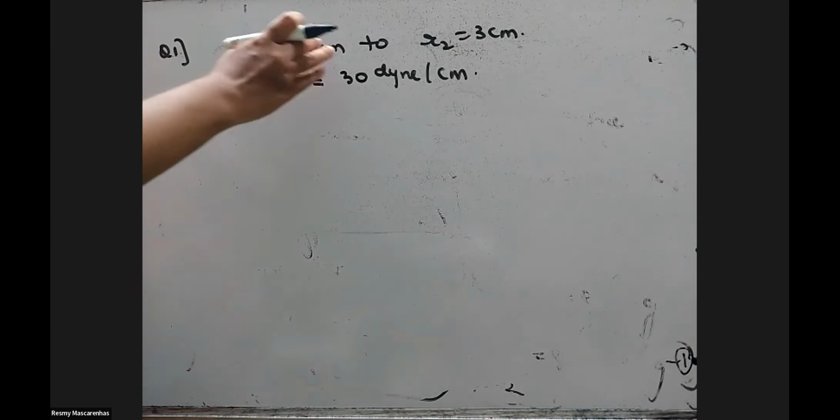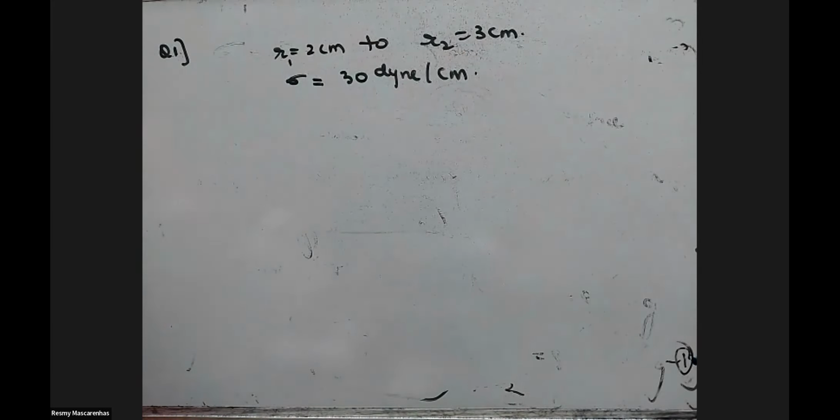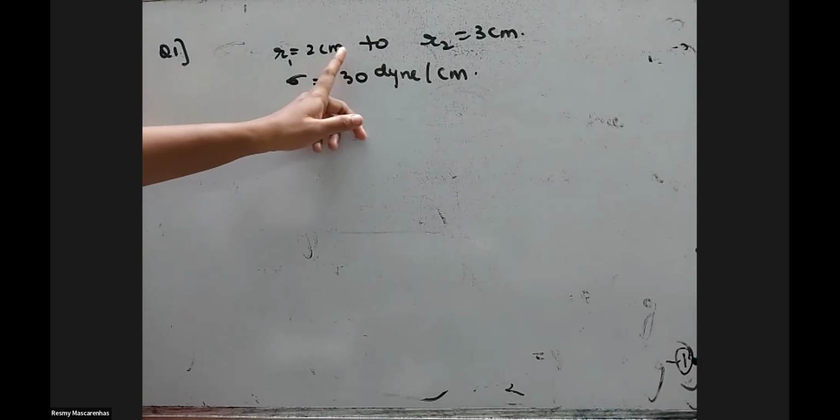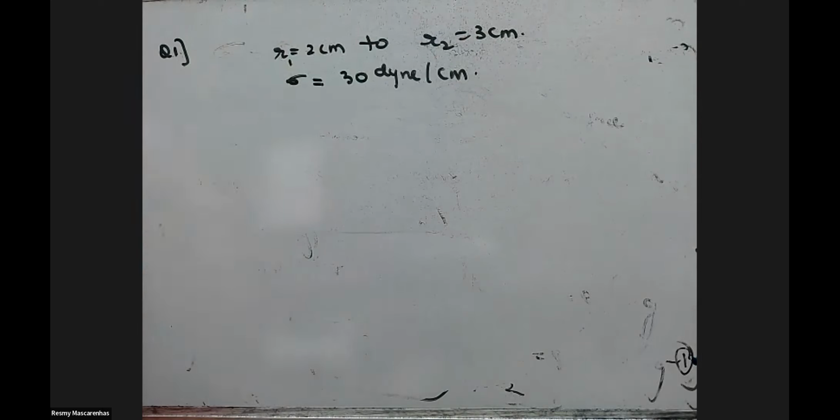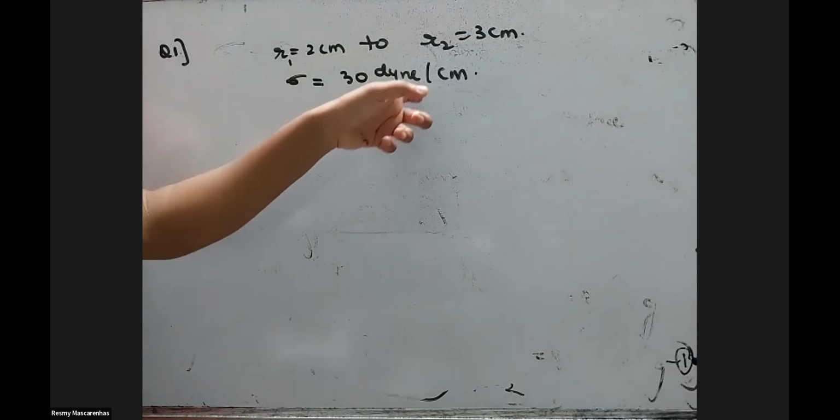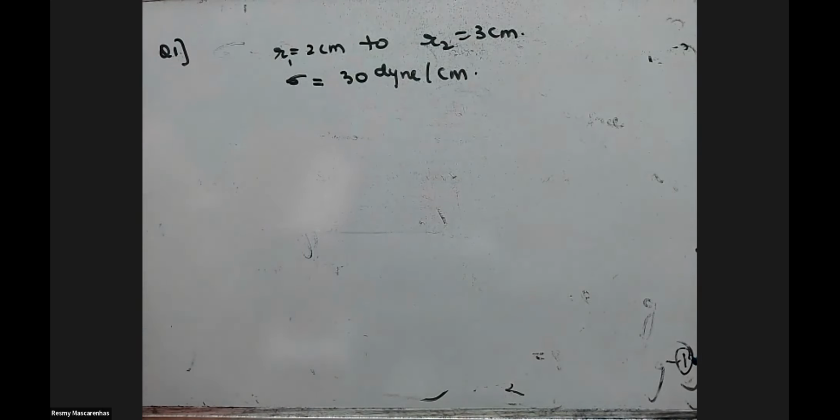Now everything is given in terms of centimeter, so no need to convert. If one was Newton per meter and this was centimeter, we would have to convert this into meter. As of now, all the units are in centimeters, so we can keep it the same.